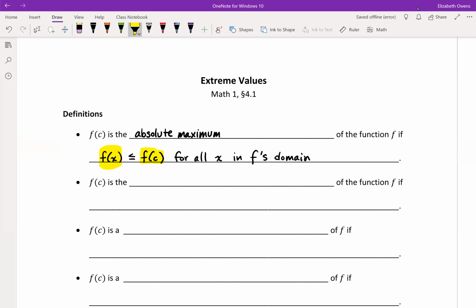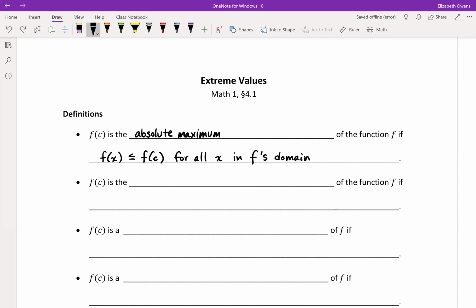So f of c is like the big top of everything. That's why we're calling it the absolute maximum. Okay. So absolute maximum, that's like the biggest function value of everything.